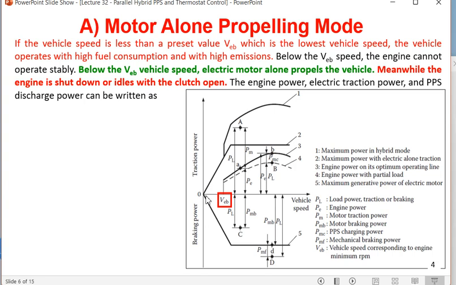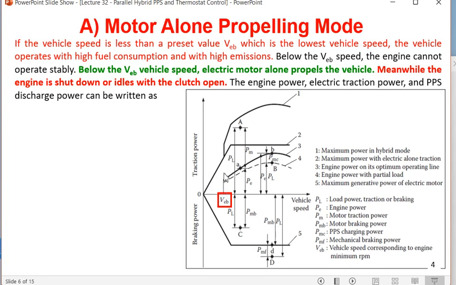Here for this region, just see the cursor. From 0 to VEB, project VEB directly upward in this triangular position, total power is being supplied to the load by the motor alone. That means the PPS is getting discharged at the starting of the vehicle.